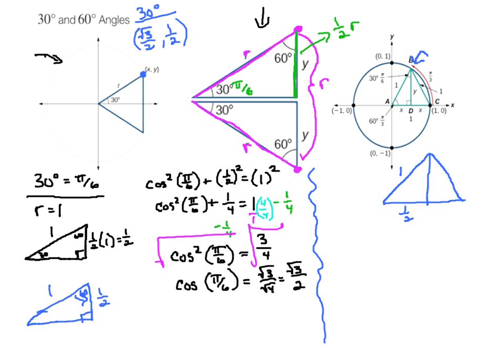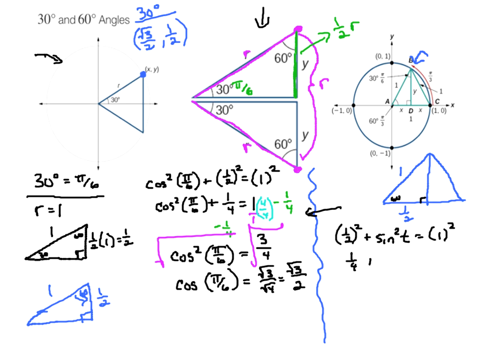Okay, so this is my 60. Now I have the cosine squared, which is 1/2 squared, plus the sine squared of angle T, or theta, equals 1 squared. It's the same math that just happened over here.